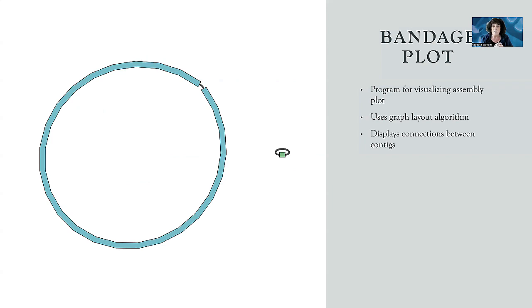One way you can visualize this is just totally eye candy, but sometimes it's very pretty. I can't imagine really using this for much of anything other than it's just kind of pleasing to look at. This is called a Bandage plot, and it's a program for visualizing an assembly graph, and it uses a graph layout algorithm, and it makes connections between the contigs. This one looks really good.